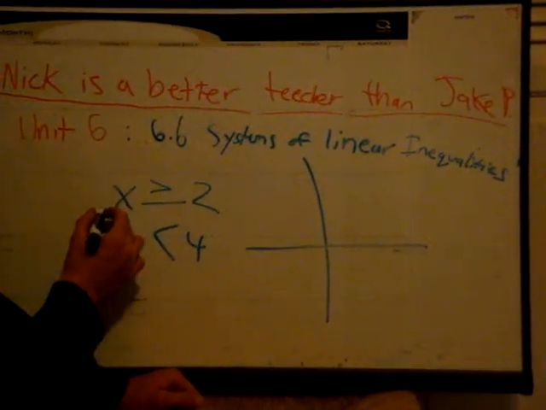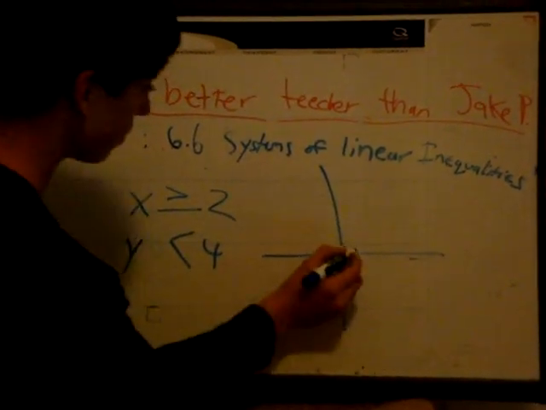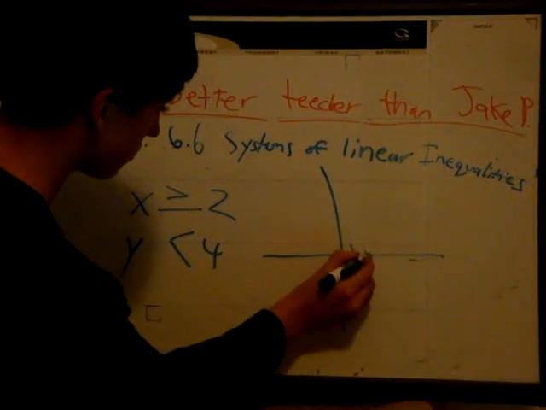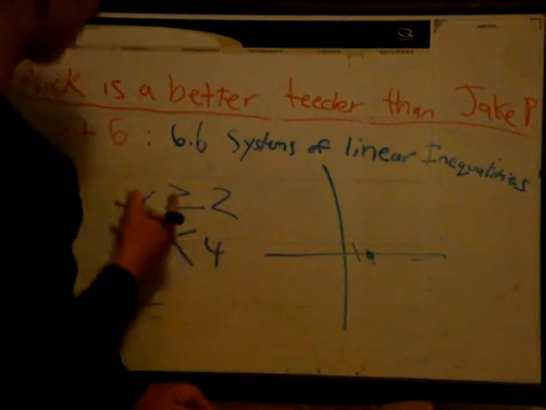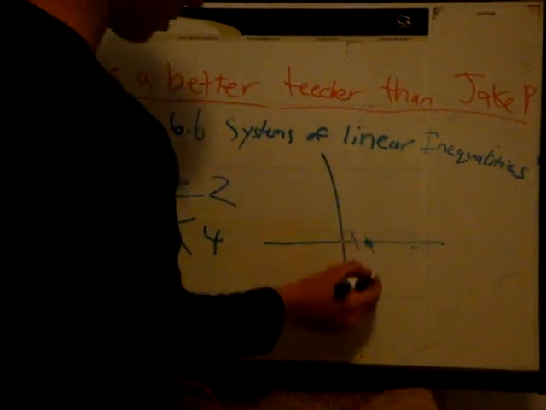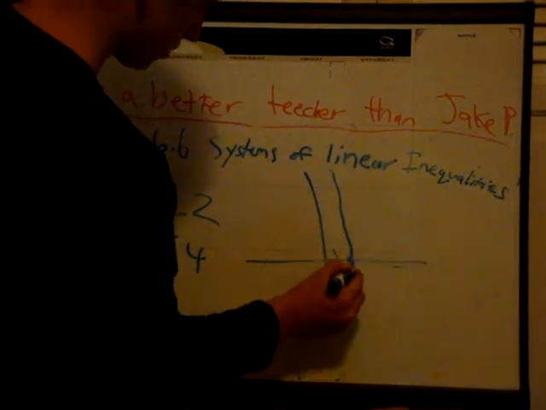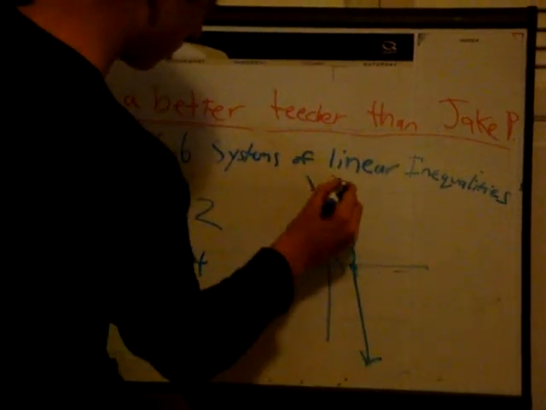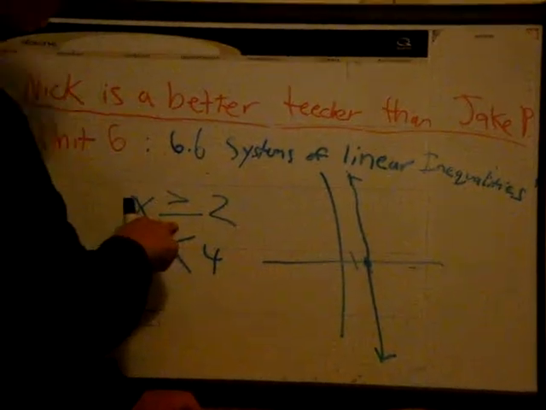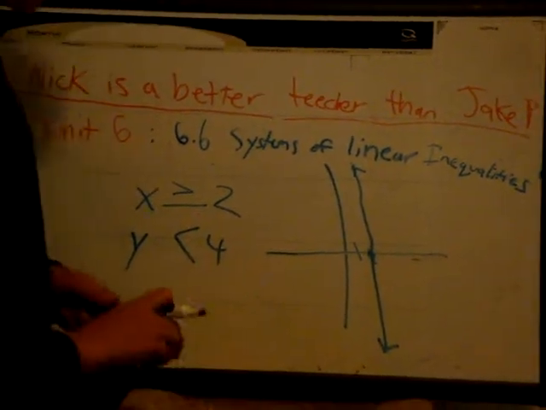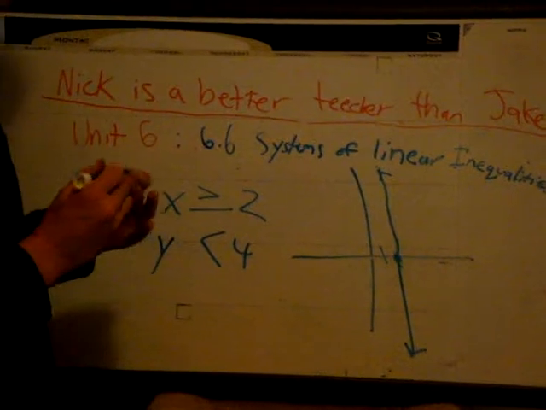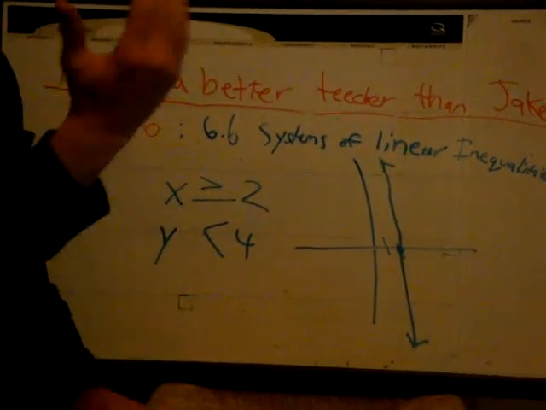We're going to go x is greater than or equal to 2, so we go 2 on the x axis. Then we go straight up. Solid line because it's greater than or equal to. For x, I know it's a little harder to shade because what is up and down.